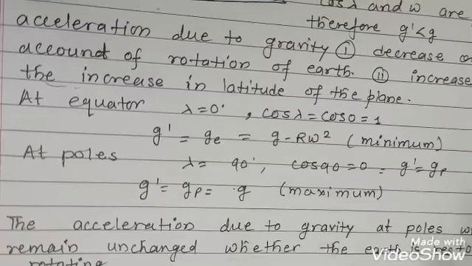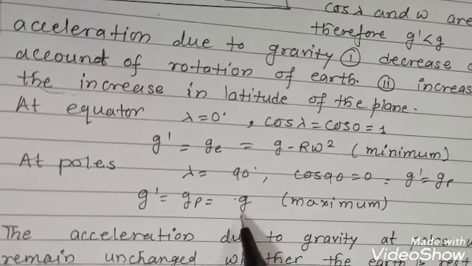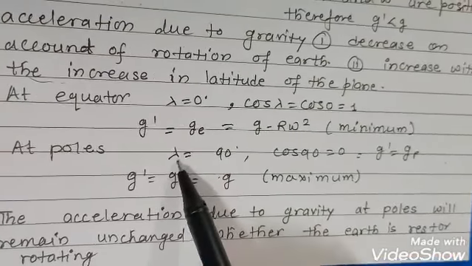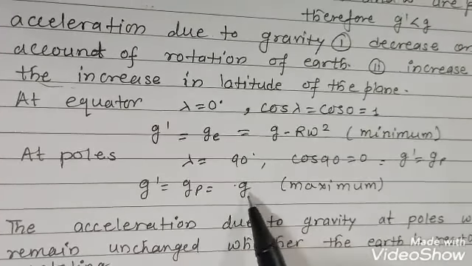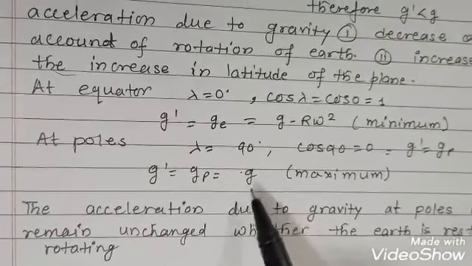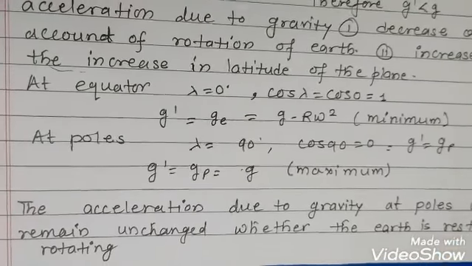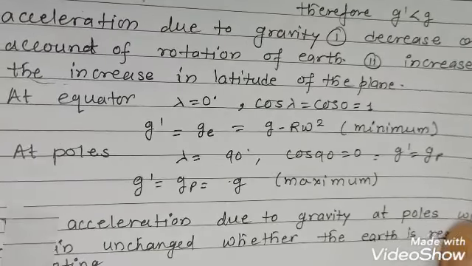When earth is at rest, then also it is g, and when earth is rotating, because lambda is 90 degrees, then also it will come g. So the acceleration due to gravity at pole will remain unchanged whether the earth is at rest or rotating.